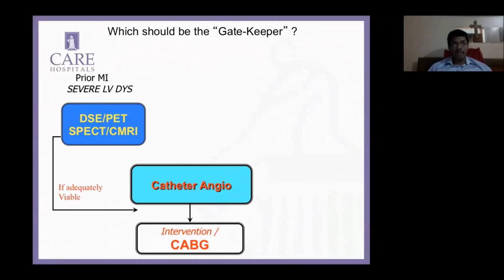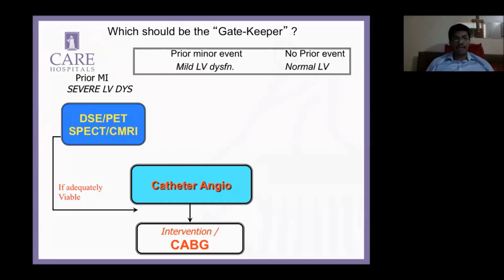So if you have a patient with a prior MI and significant LV dysfunction, the tools we would use would be either a dobutamine echo, a PET scan for viability using FDG, a SPECT using MIBI and NTG, or a cardiac MRI using gadolinium. And only if the patient has adequately viable tissue in the area of interest, then we would proceed with the cath angio and the intervention, either PCI or bypass.